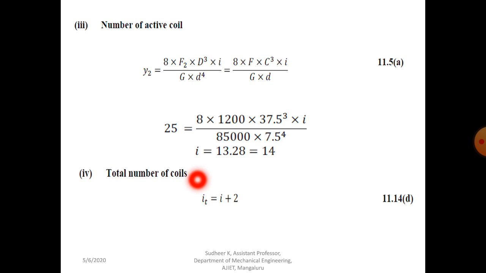The equation in your data book is 11.14D, given directly. If a suitable end condition is not given, always use this equation, 11.14D from page number 173. So easily you can calculate the total number of coils.